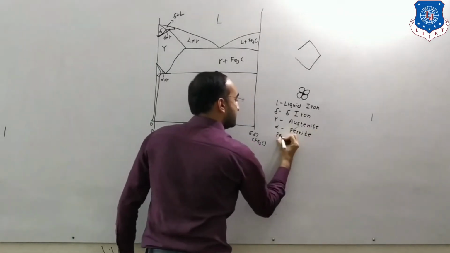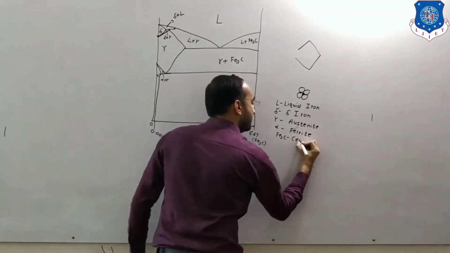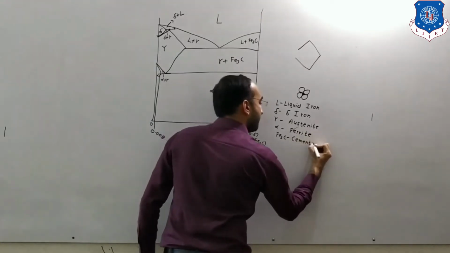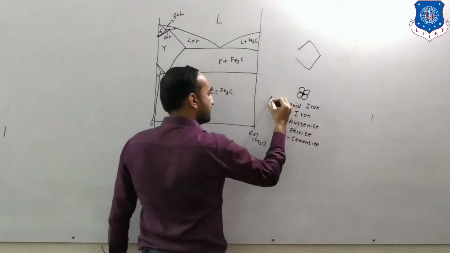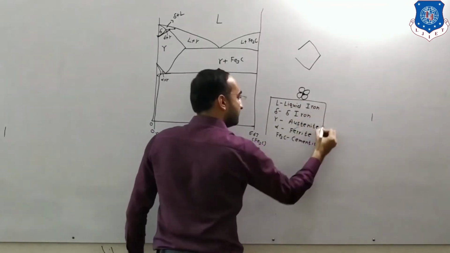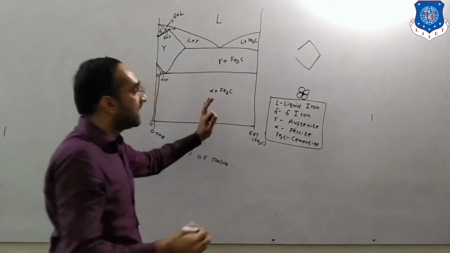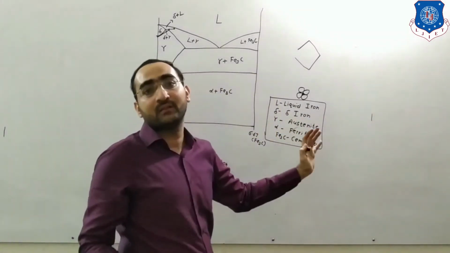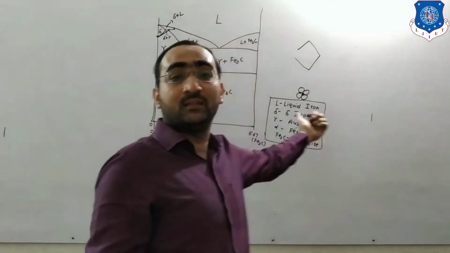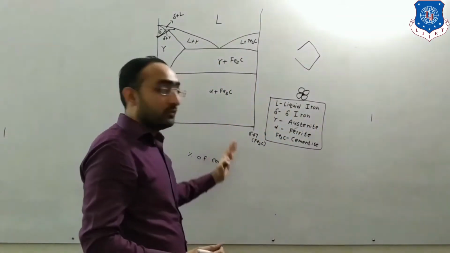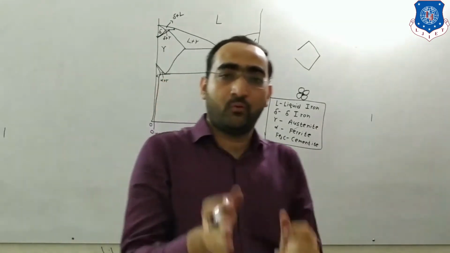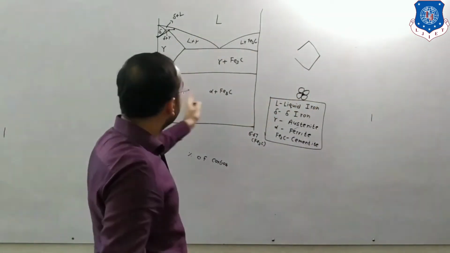And Fe3C stands for cementite phase. So these are the different phases which are plotted in this diagram. Just 5 different phases which we have plotted inside this diagram. So now your second portion, after plotting, we have named the different phases.